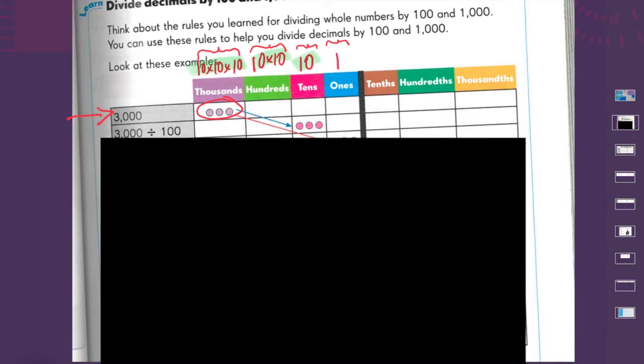Well, when we divide 3,000 by 100, there are 3 tens in each group. So there are 30 hundreds in 3,000. And so you can see that our 3,000s are regrouped into 3 tens because 3,000 divided by 100 is 30.